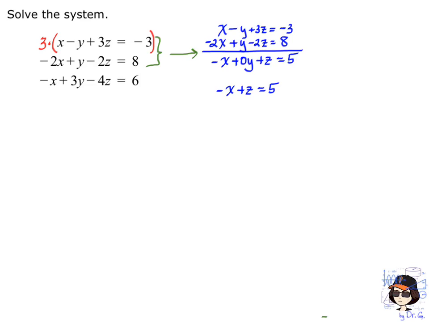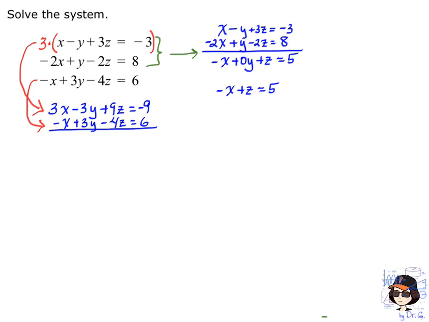Let's see what that looks like. That equation becomes 3x minus 3y plus 9z equals negative 9. Now let's take the third equation and rewrite it right below this one: negative x plus 3y minus 4z equals 6.